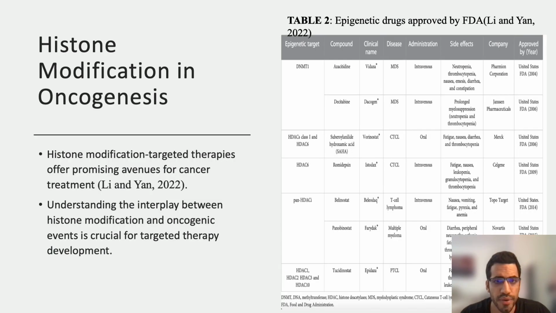Moving on, we also have a table that shows the main brand drugs approved by the FDA using the same knowledge that we have discussed so far. Li and Yan found that HDACs were very important in the realm of cancer therapy, not only because of their role in modulating regular processes, but because they affect the immunogenicity of cancer cells themselves.